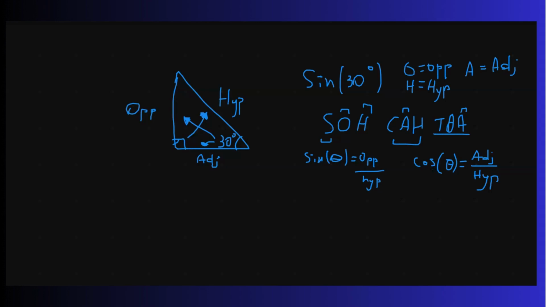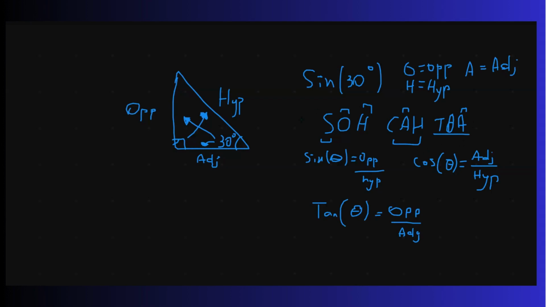So let's say you did have a moment to pause the video. What TOA means is that tangent of theta would be equal to opposite over adjacent.